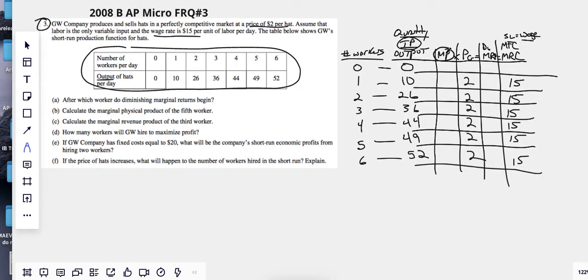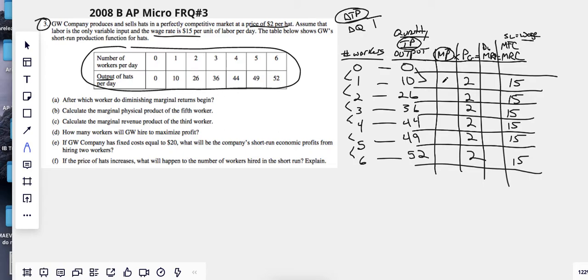Now, obviously, they give you total product. You need to find marginal product. Remember, the marginal product formula is a change in total product over a change in quantity. But notice that our quantity only changes by 1 each time. I don't think I've ever seen the College Board not do that. So that's just 1 on the bottom here, which means we're really just looking at the change in total product.